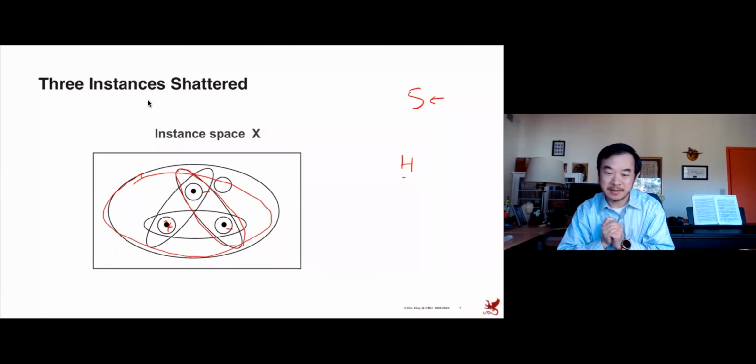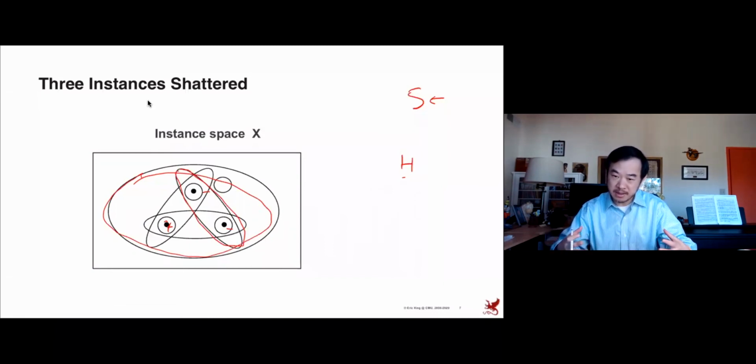Okay, does that help to understand the concept of shattering? So labeling is basically the complexity of the problem, and then H is providing the richness of the solution to that problem. Can I solve that problem or not? That is, does my H have the solution that solves your complex problem or not?